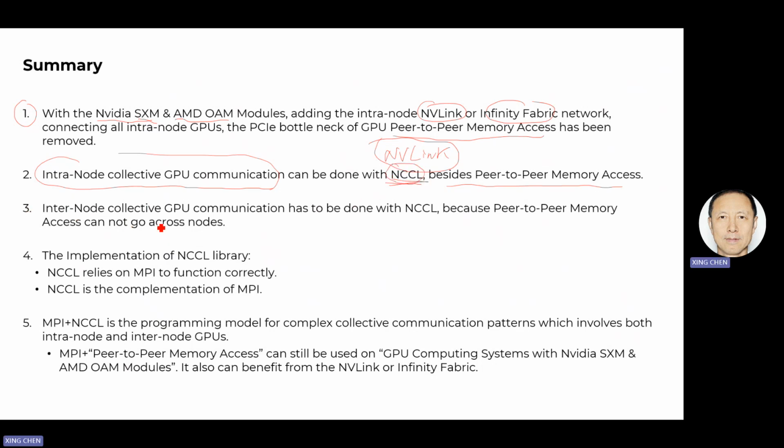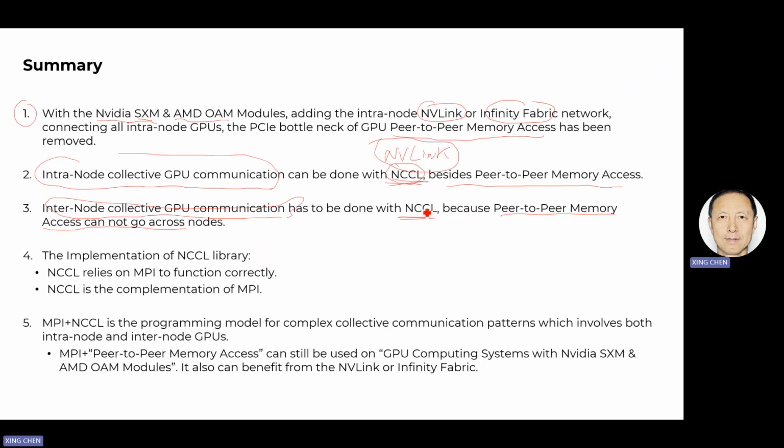And for inter-node collective GPU communication, you have to use the NICO. The peer-to-peer memory access is limited to intra-node GPUs, so it cannot be used on this kind of computing system with SXM and OEM modules to go across nodes.